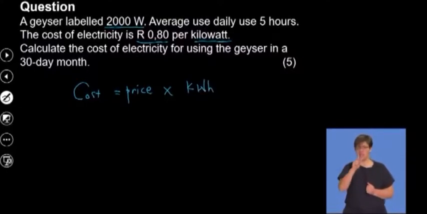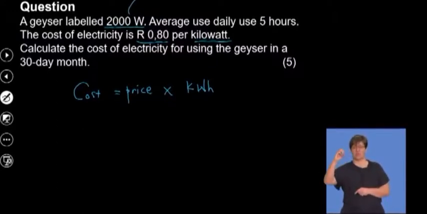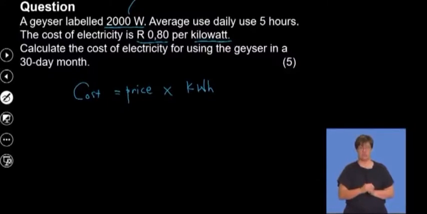And when we talk about a kilowatt, we are saying that 1 kilowatt is equal to 1,000 watts, okay? So energy consumption is always in kilowatt hour. So if we have got 2,000, it means there are 2 kilowatts. So in this case, cost is equal to, that's the 2 kilowatt, but the price given is 80 cents, 0.80, which is 80 cents.